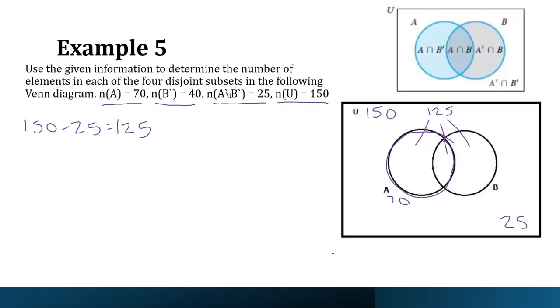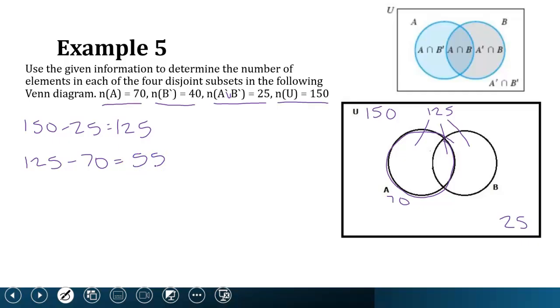So I can take the 125 minus the 70 A, and then what is left over? 55. So I know that 55 is in this only B subset, because this whole thing is 70, and then all of it is 25. So what is left over after the 70? 55.